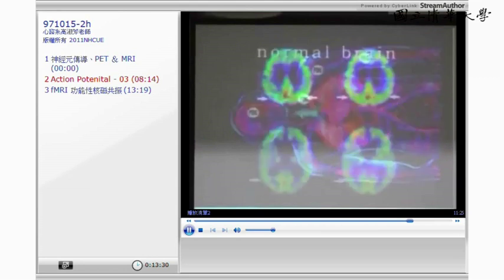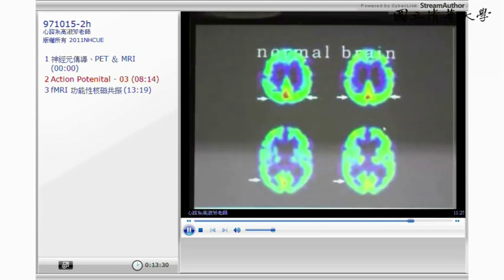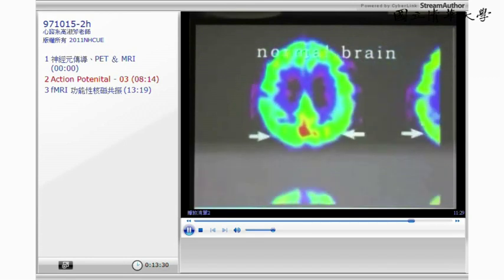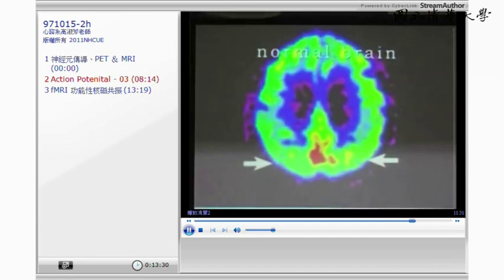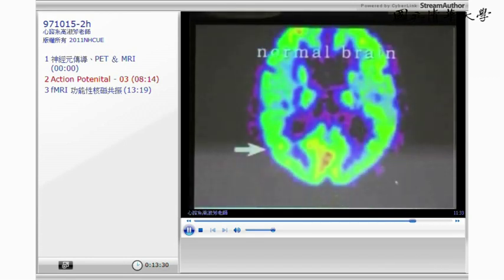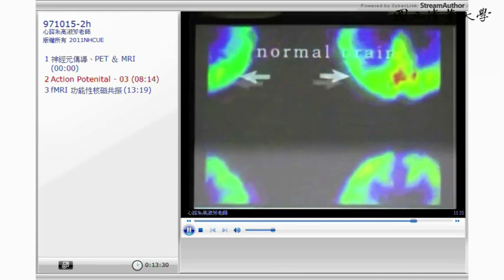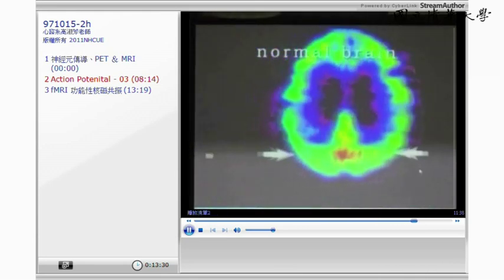The colored areas show where there is more glucose metabolism. These PET scans let us know about activity in each area. Red is most glucose metabolic activity.